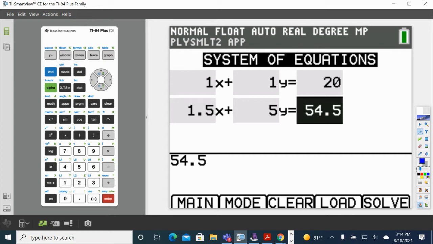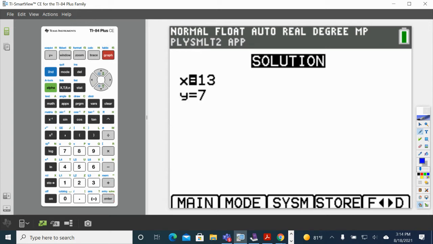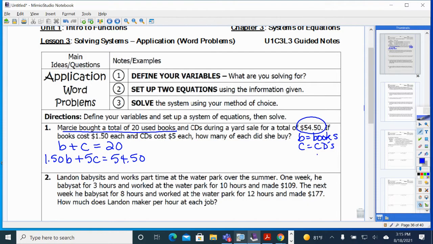And then we want to click on solve. Now that says x is equal to 13 and y is equal to 7. X is our number of books, so we have 13 books. And we have 7 CDs.